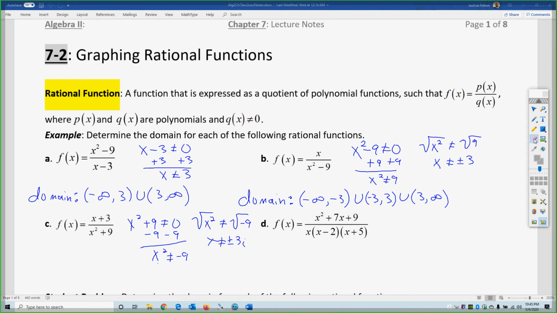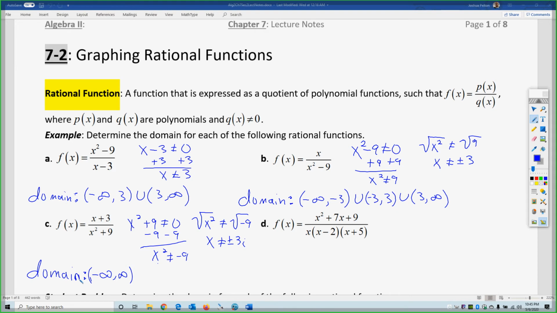Well, wait a minute. 3i is imaginary. Domains and ranges have to do with real numbers. Since the only thing I can't be is imaginary numbers, there are no restrictions to the real domain. So the domain here is all possible real numbers, from negative infinity to infinity.